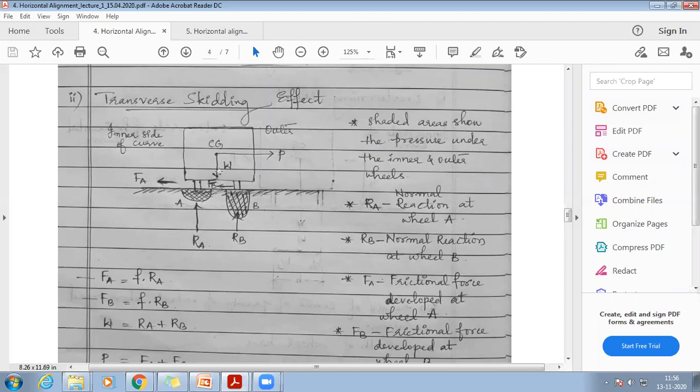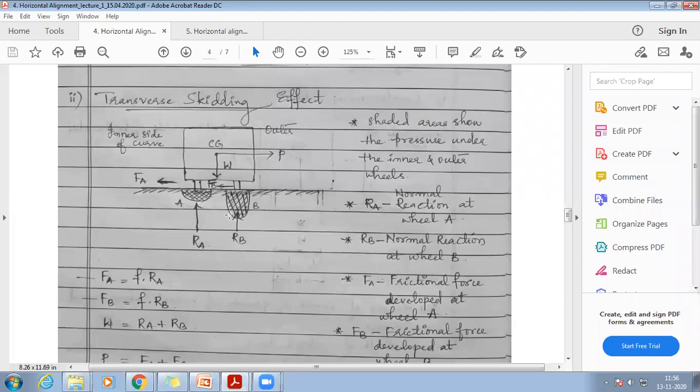Then you have the self weight, and also for each wheel you have the normal force, which is represented by capital Ra and capital Rb. Ra and Rb we can see here, and you can see I have shaded some areas under each wheel A and B. So what does that shaded area mean?